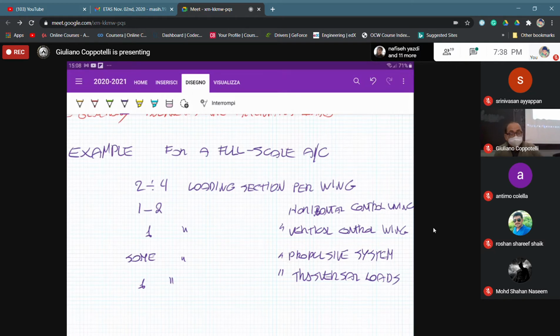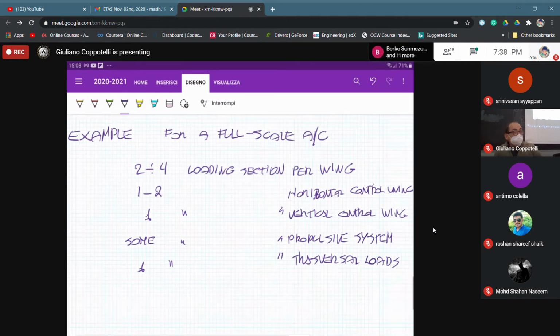In order to avoid that, maybe it is preferable to use a true constraint, so that, for example, we would like to have a portion of the whole fuselage and the whole wing that has to be tested instead of having just a wing that is connected somehow to some dummy structure. That's because we would like to reduce as much as possible the influence of this boundary condition, hyperstatic condition, on your measuring device.